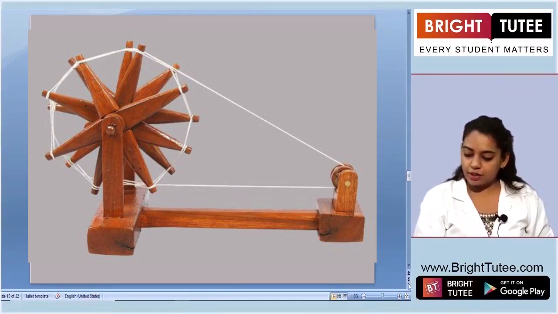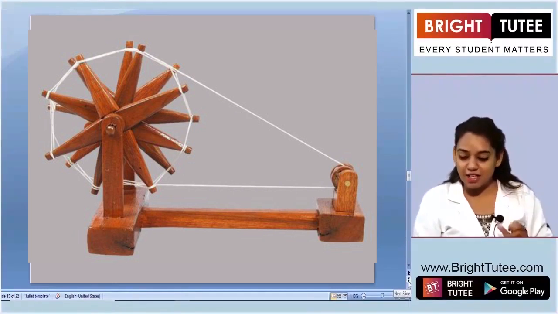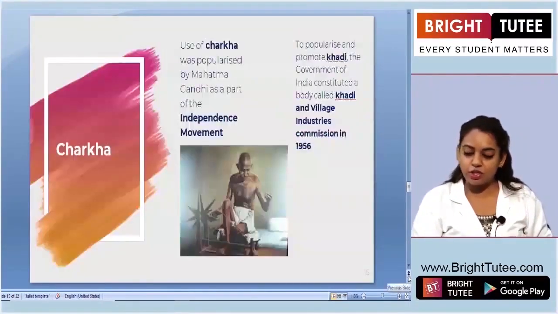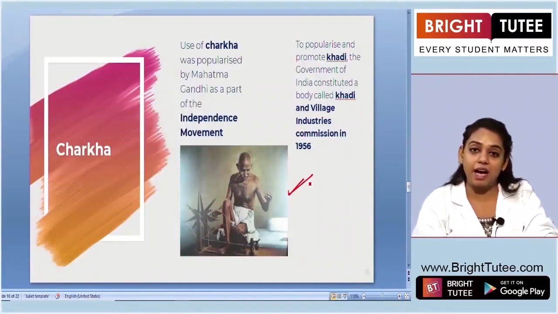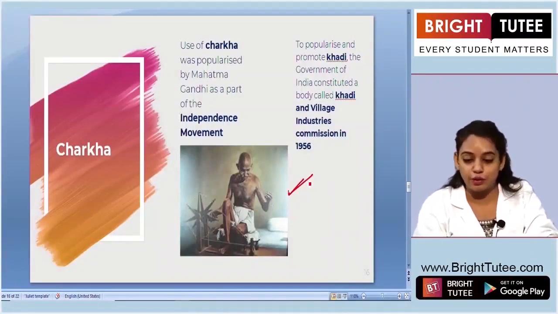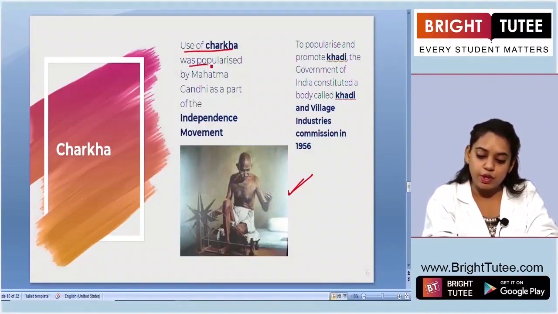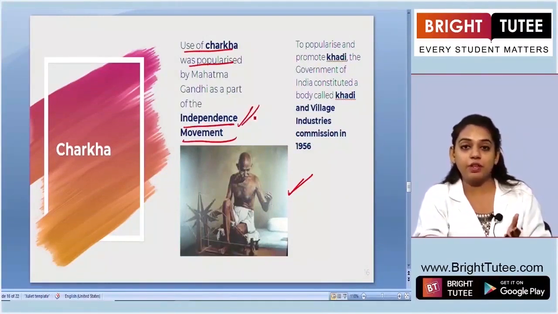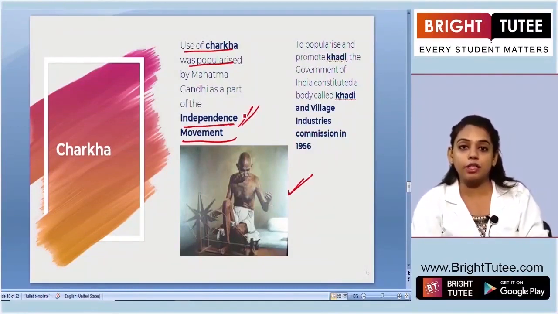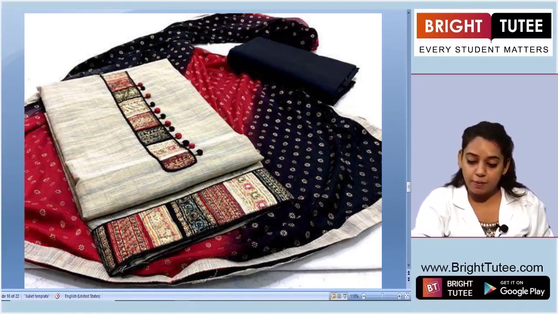We have a significance of this charkha in the history of India, and it was popularized by Mahatma Gandhi, the father of the nation. He used the charkha in the independence movement. He asked the people of India to use more and more cotton products, and he named them khadi.